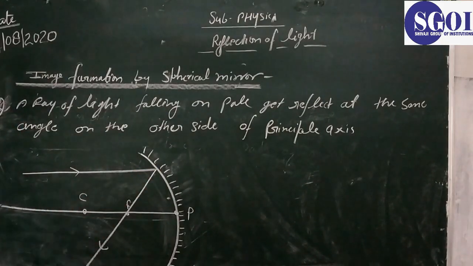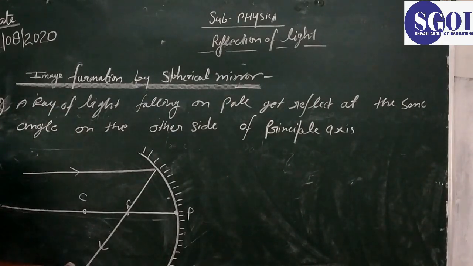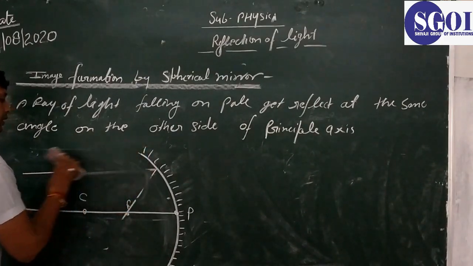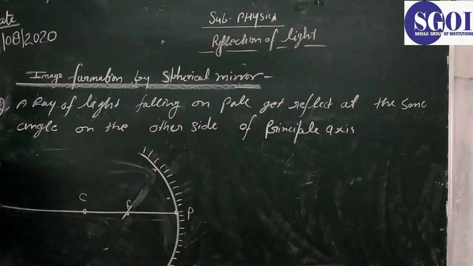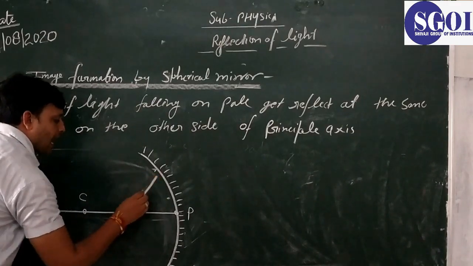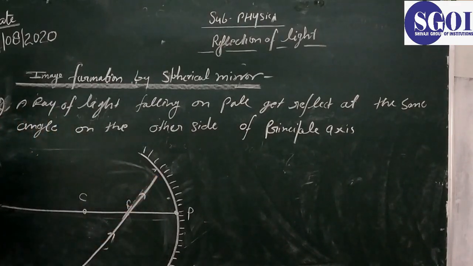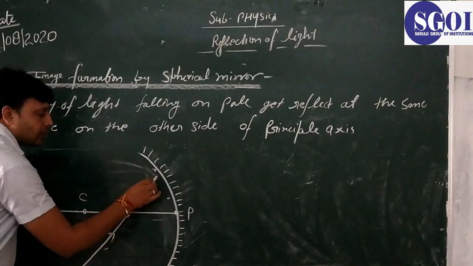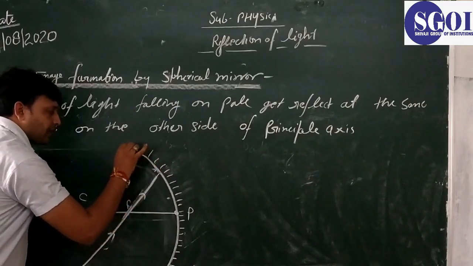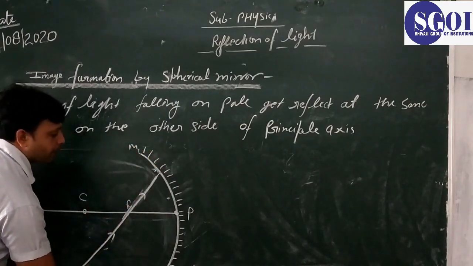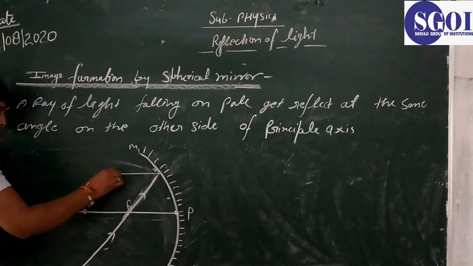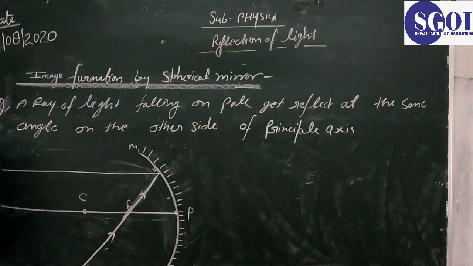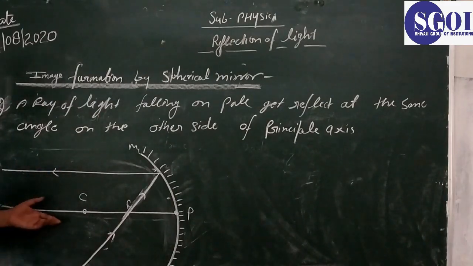This is the first tip. If a light ray passes through the focus, then incident on the reflecting surface of the concave mirror, after incidence it is reflected parallel to the principal axis.